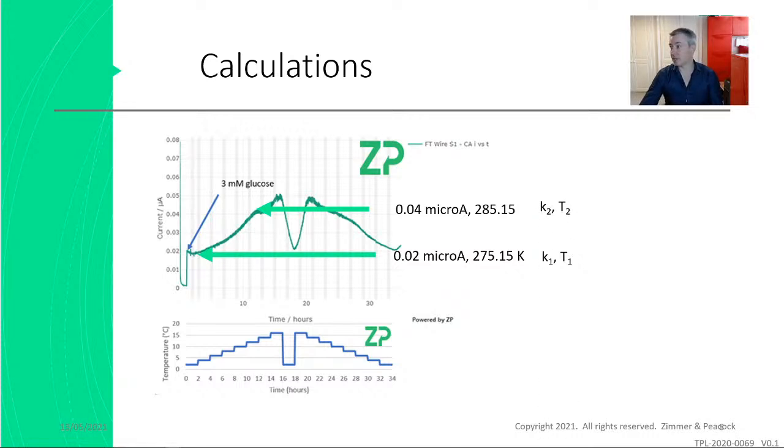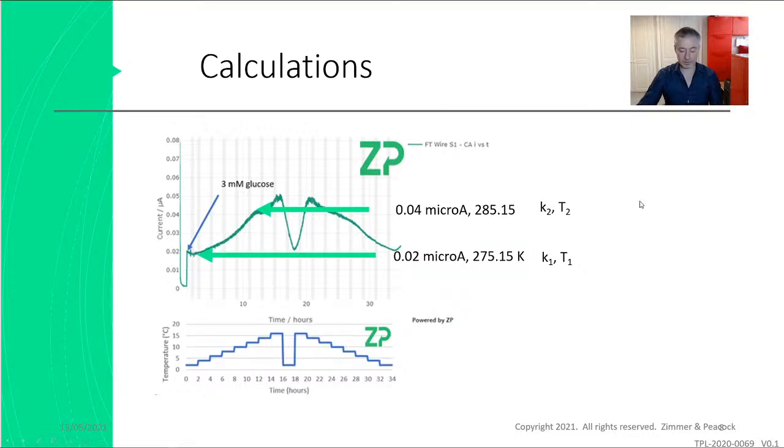Now what I'm going to do is use a form of the Arrhenius equation. I'm not going to derive the Arrhenius equation. I think I actually can, but unfortunately I'm not going to do it today. But I'll show you what I did.